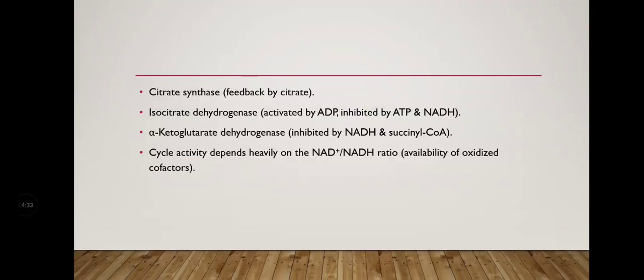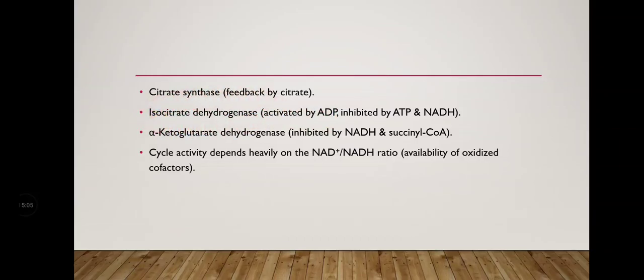Now, the enzyme citrate synthase is affected by the concentration of citrate. So that's what they call the citrate feedback. Then isocitrate dehydrogenase is activated by ADP but inhibited by ATP and NADH. So it undergoes product inhibition.